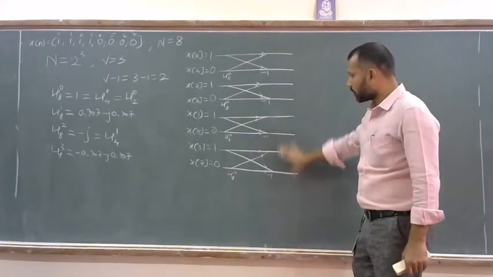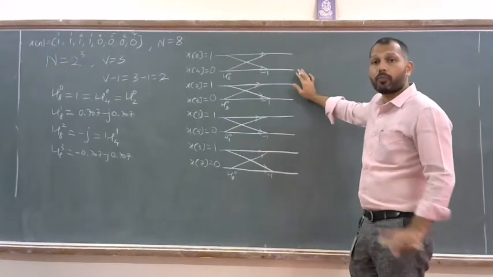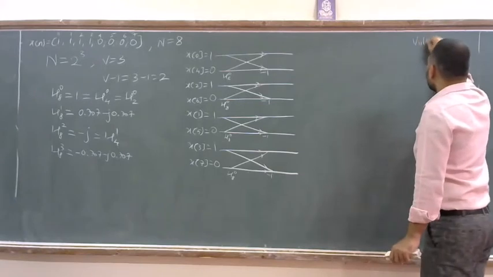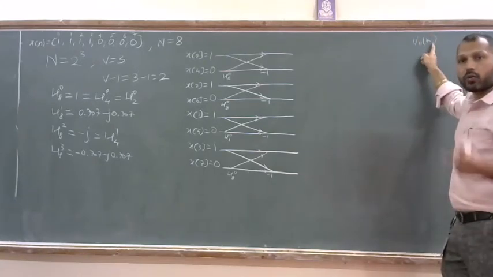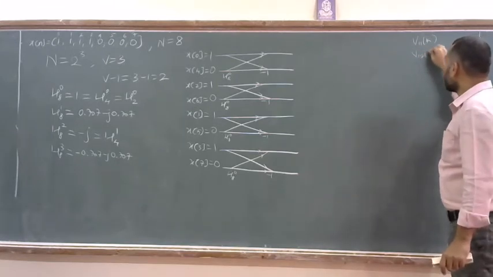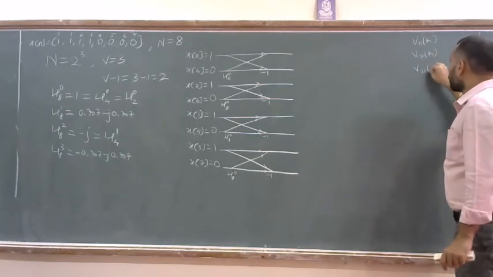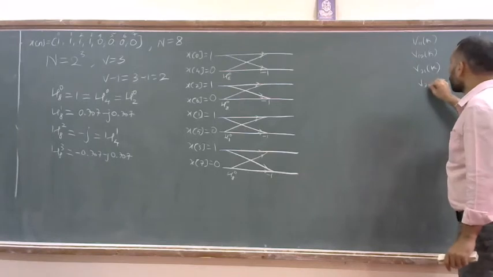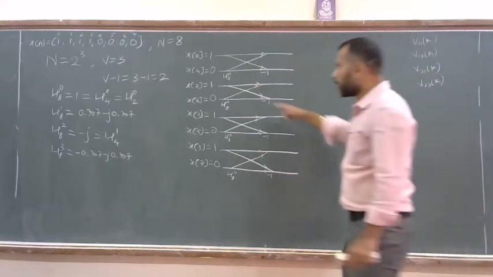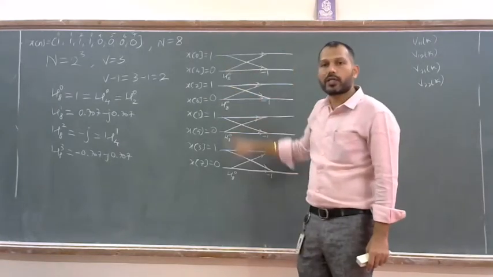And what notations did we use on the other side? Output of this third stage of decimation will be 2-point DFTs. And the notations used for 2-point DFTs were V11 of K, where K will be taking only two values, K equals 0 and K equals 1. Likewise, V12 of K, V21 of K, and V22 of K. Now, these are the 4 2-point DFTs that are calculated for these 4 2-point sequences. Okay.